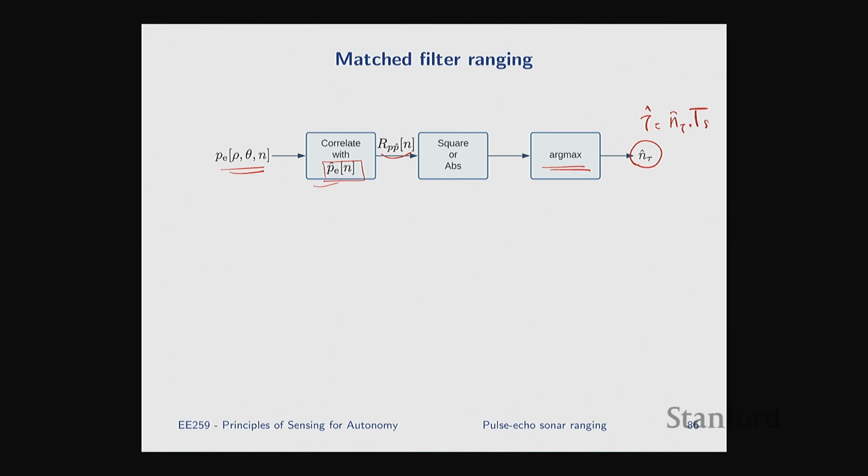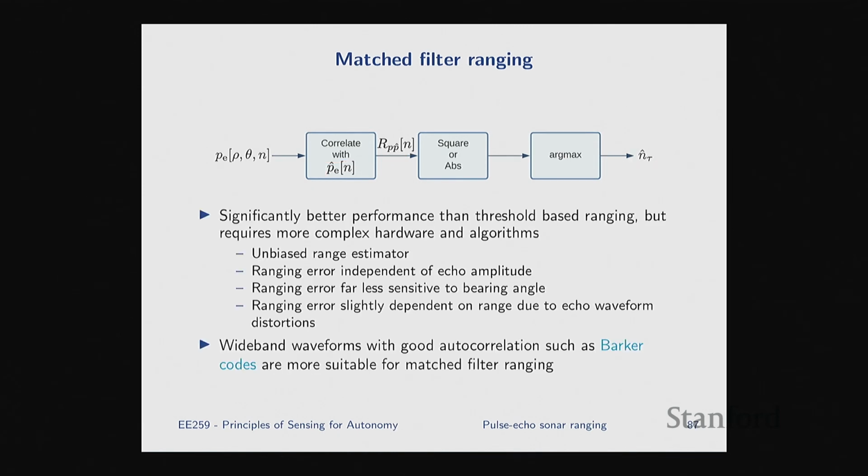And then you convert tau hat to rho hat, which is your range, right? So that's how it works. And again, the most common type of waveforms used for this type of sonar are called Barker codes, which are signals with good correlation properties.